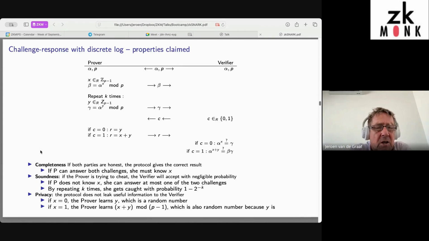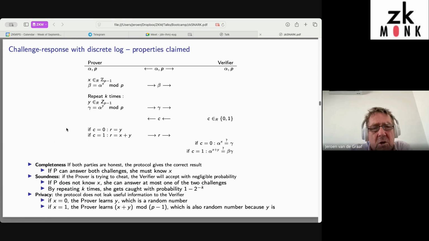The soundness now is the following. The soundness is protecting the verifier against a cheating prover. We have to be a little bit quick about this, but it's like this: if the prover does not know x, then the prover cannot answer both challenges at the same time, because if it could answer both challenges at the same time, it knows x.